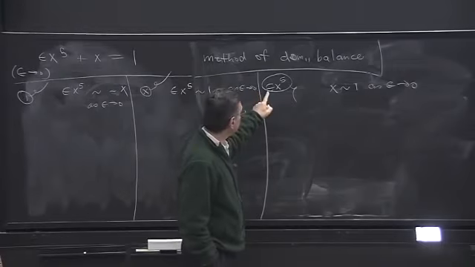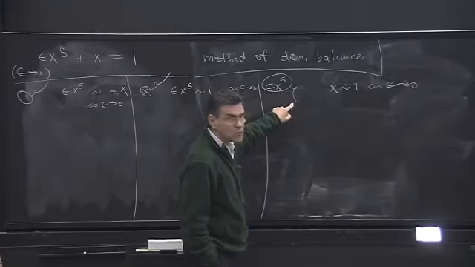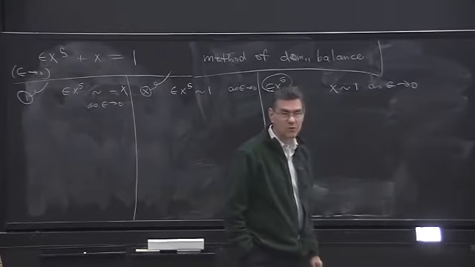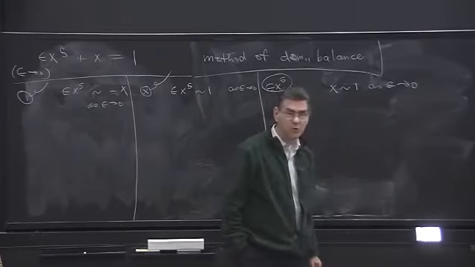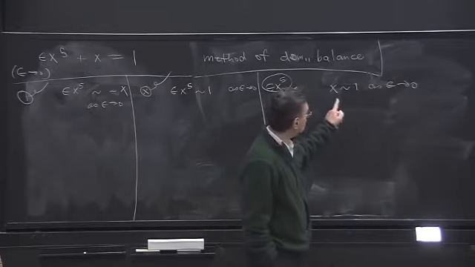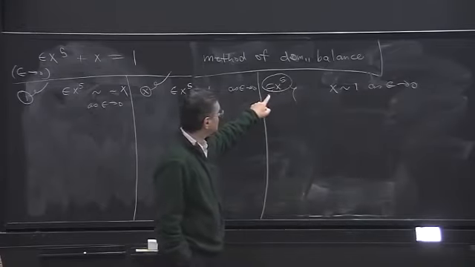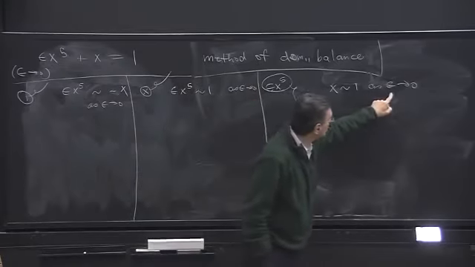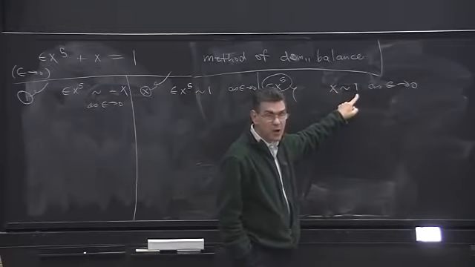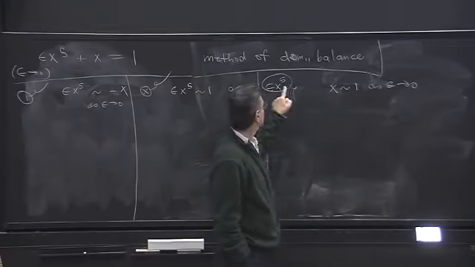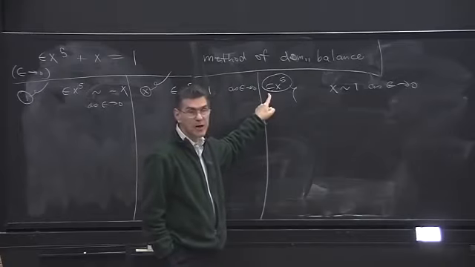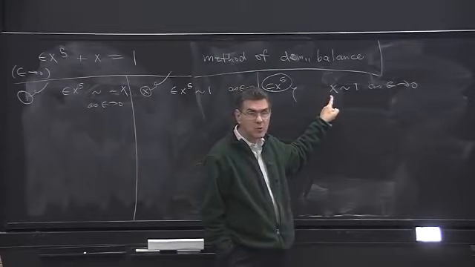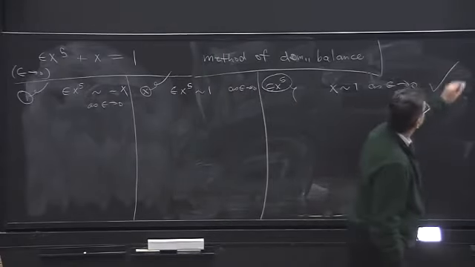If it's true that epsilon x to the 5 is negligible, then it must be true that x is asymptotic to 1 as epsilon goes to 0. Could x be asymptotic to 1 as epsilon goes to 0? If it is, would it then be true that epsilon x to the 5 would be negligible? Sure, because epsilon is going to 0. If x is asymptotic to 1, that means it's very close to 1. You raise it to the 5th power, you multiply it by epsilon. Can we neglect this compared with the other two terms in the equation? Yes, this is perfectly valid.